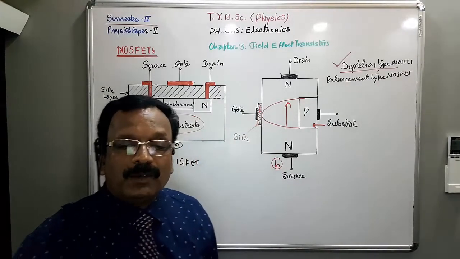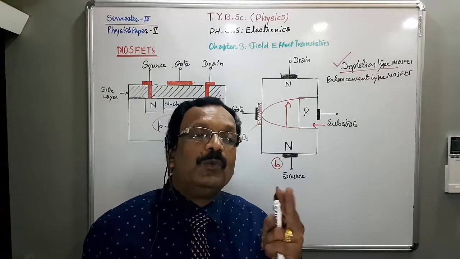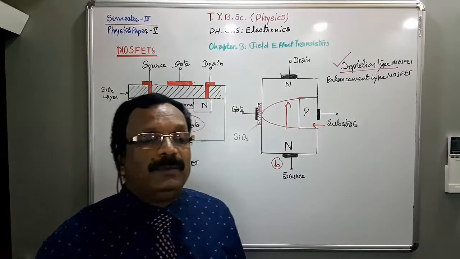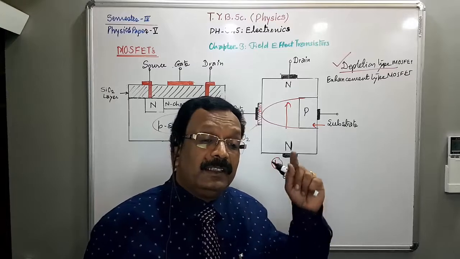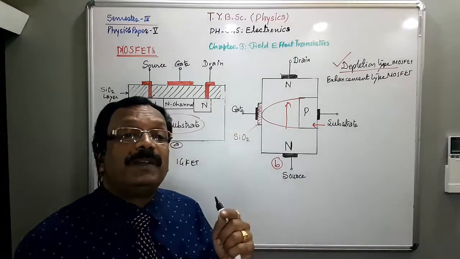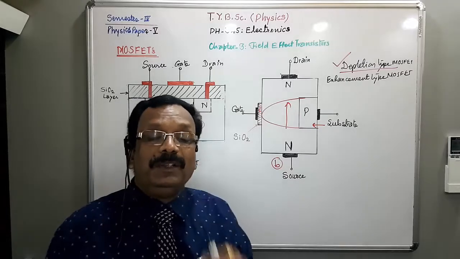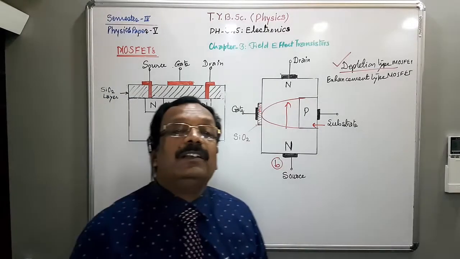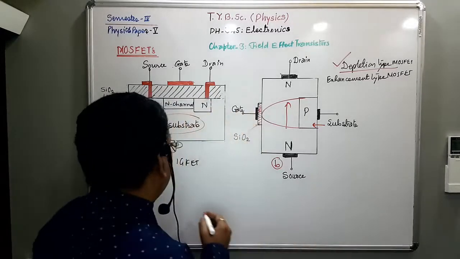Okay. Now we are going to see the working principle. There are two modes. Listen carefully. The depletion type MOSFET can be operated in two different modes. First one is depletion mode.